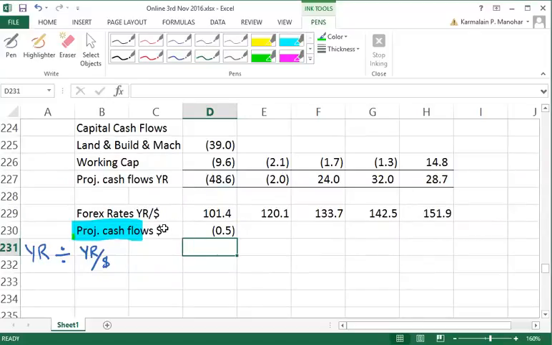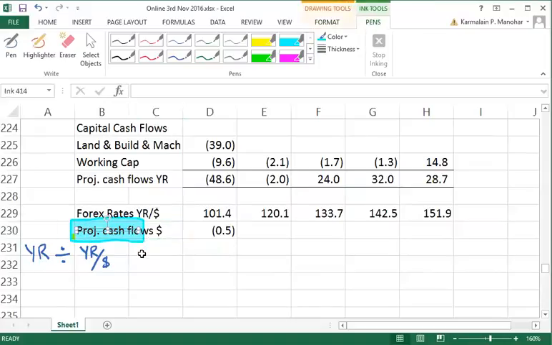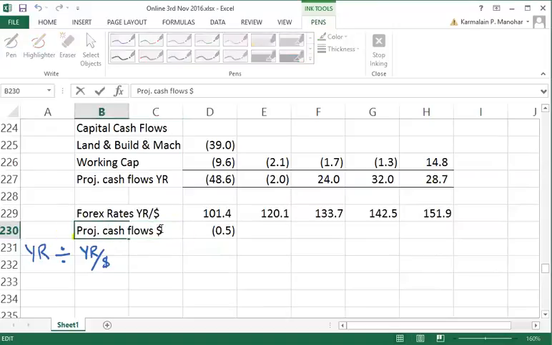Move cash flow dollars in millions. Cash flow dollars in millions. Yes, no, make sure everybody's clear with this one.